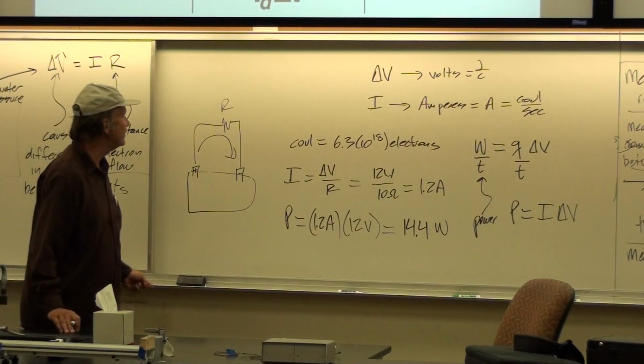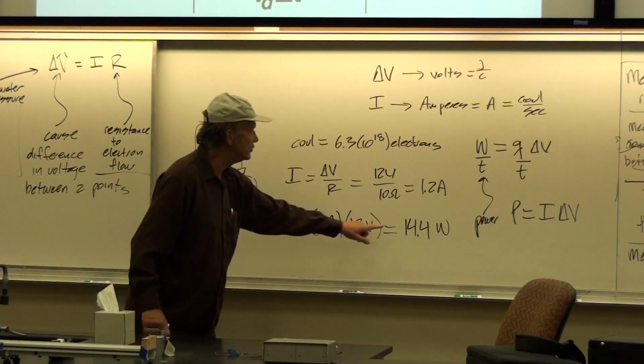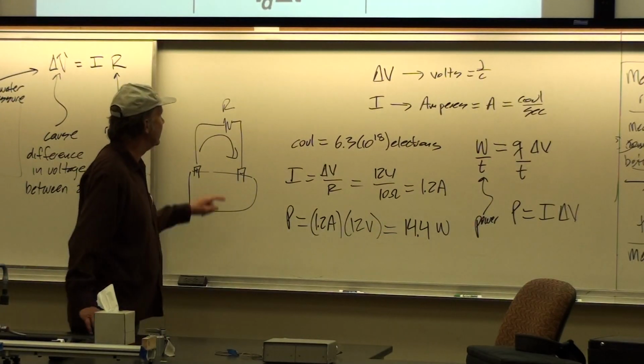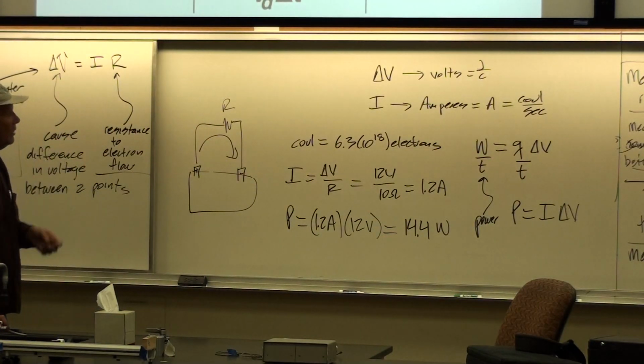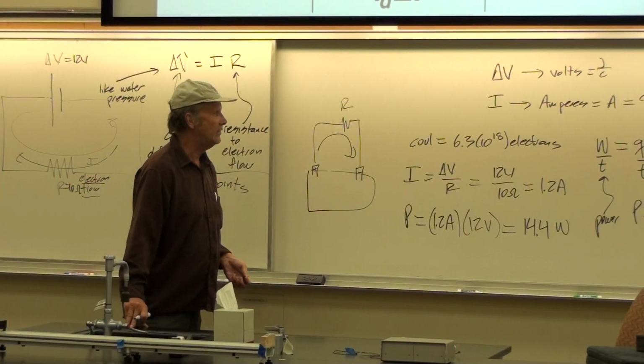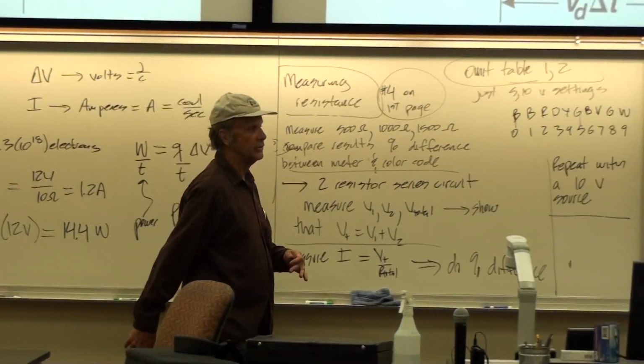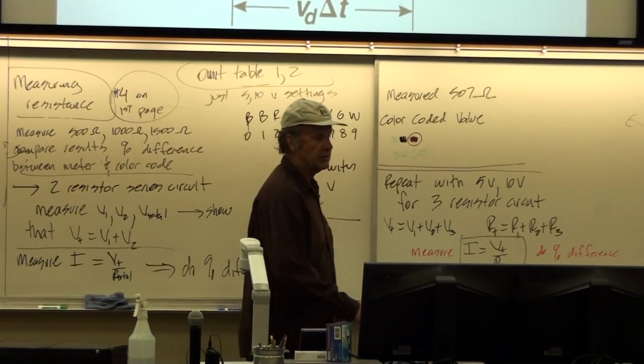So in 1 second then, the resistor would get power times time, this is joules per second. So in 1 second, the resistor would be getting 14.4 joules worth of energy. And then that energy could be used to power an electrical device or do whatever kind of function you want it to do.